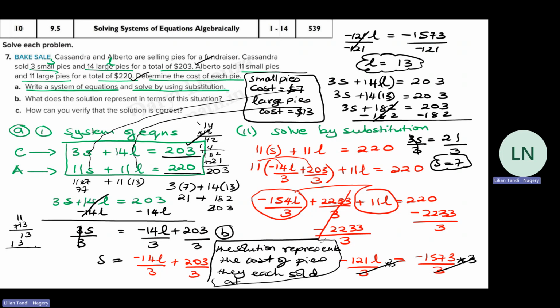Then you add 143 plus 77, and you get 220.